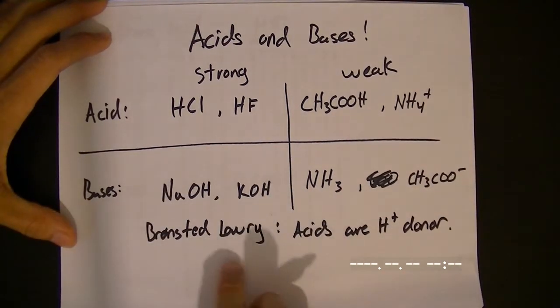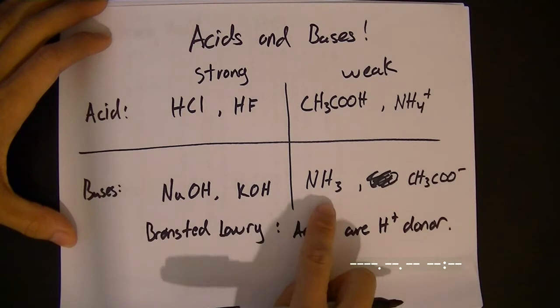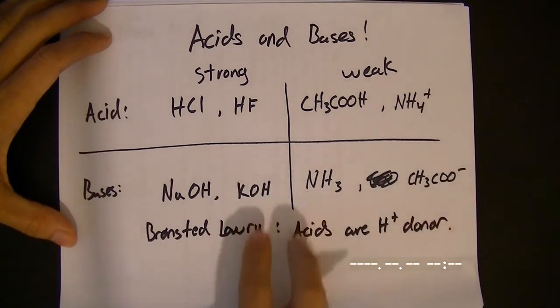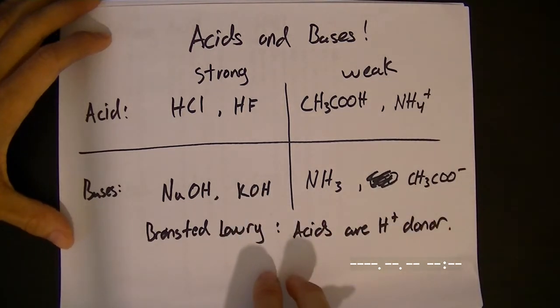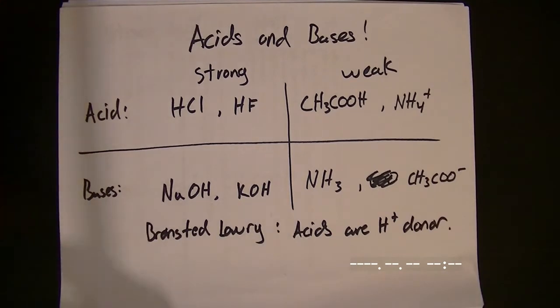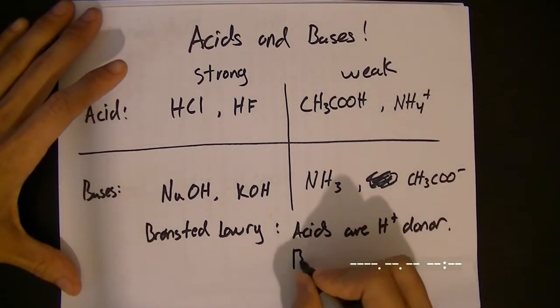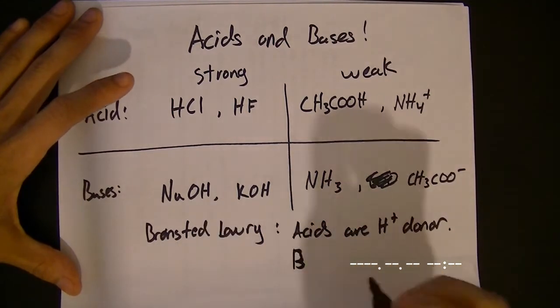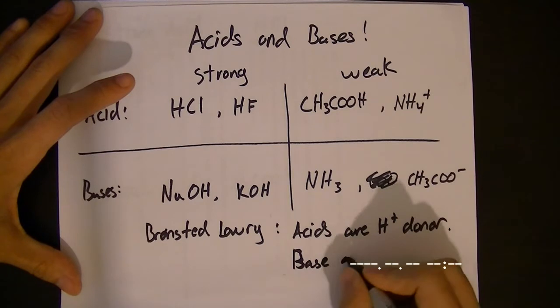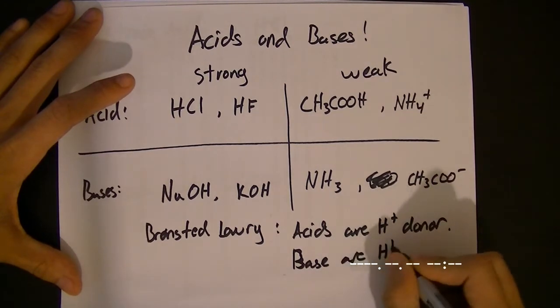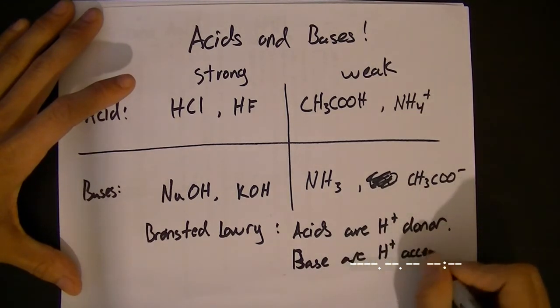And Bronsted-Lowry bases, well, you might be wondering what the similarities are here, and we'll talk in more detail about it, but for now just know that Bronsted-Lowry bases are H+ acceptors.